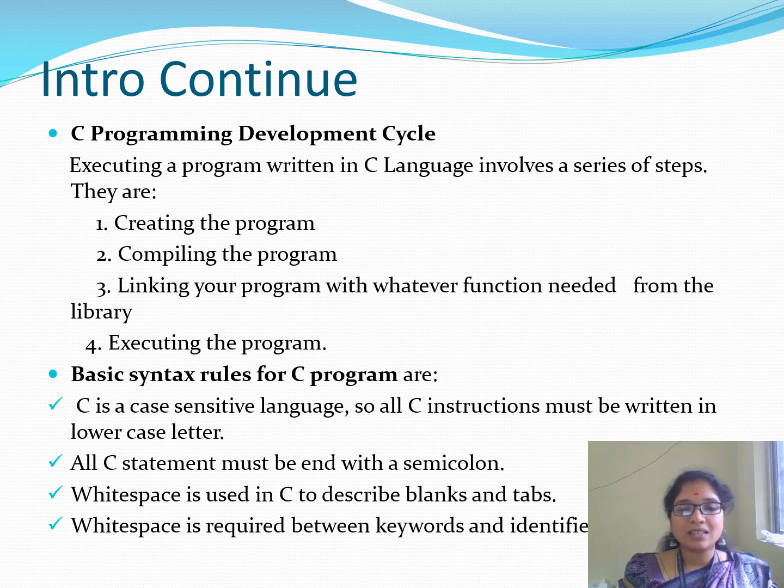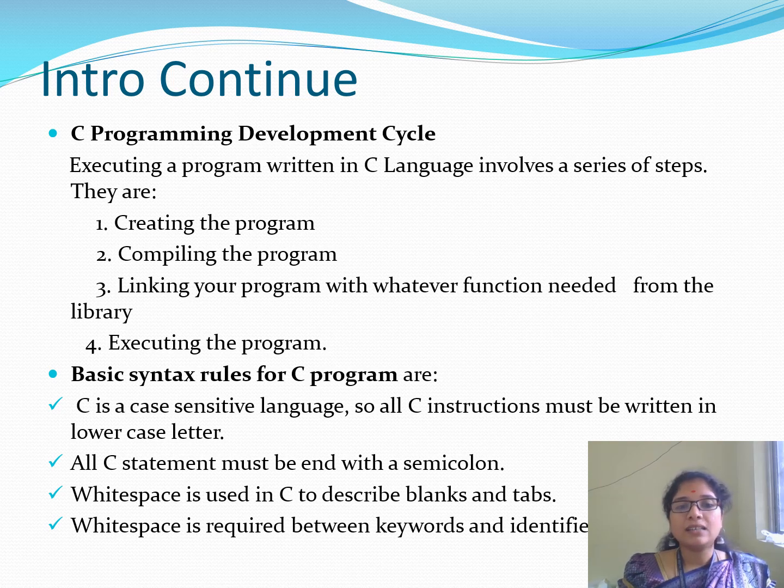During the compilation, the entire program is converted into machine understanding language, and then linking the program and executing the program. First thing we should know, before creating the program, we should understand what concept we are going to apply. So before that we should be well versed in it, and only then can we create a program.